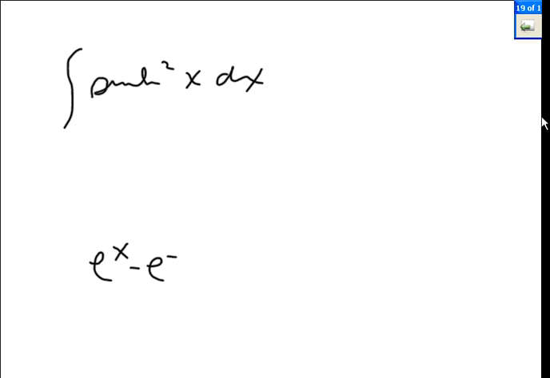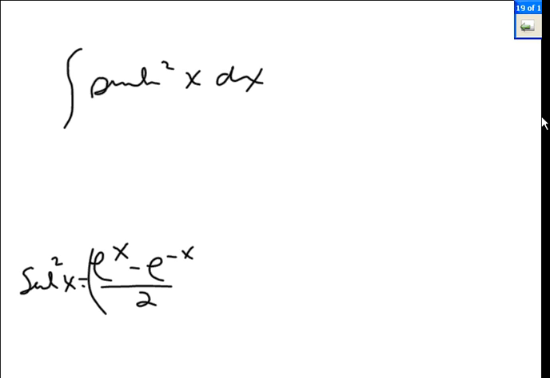If somebody asked you, what is the integral of the sinh squared of x dx? Now, I guess you always have this out. You can always say, well, sinh is e to the x minus e to the minus x over 2. That is sinh of x by definition.